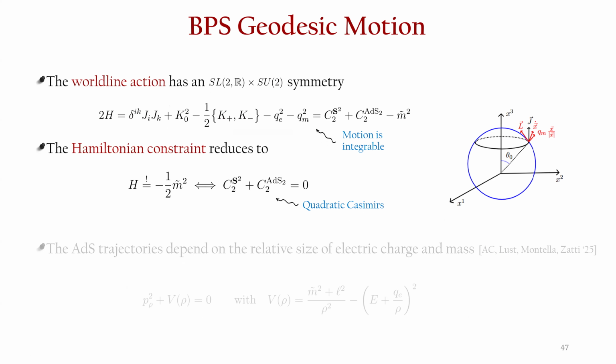So in particular, the Hamiltonian is essentially the sum of Casimirs on the sphere and the AdS2, plus some extra shift factor that is essentially the mass. And if you impose the on-shell condition, so the Hamiltonian constraint, namely the fact that the Hamiltonian has to be equal to the mass squared, you essentially find that everything is characterized by this formula here. So our two Casimirs have to be equal to each other but opposite in sign. So this essentially determines everything that we need to know.